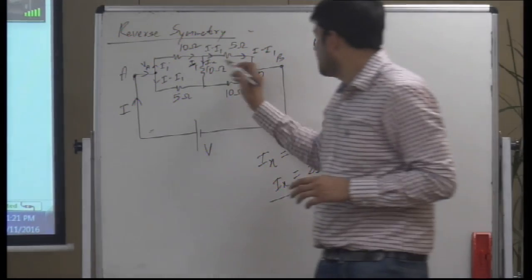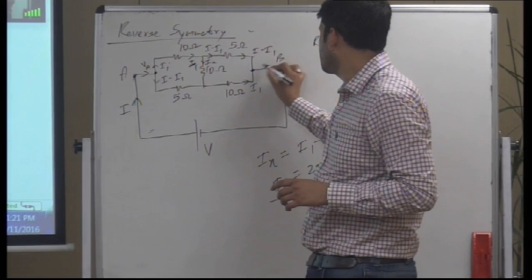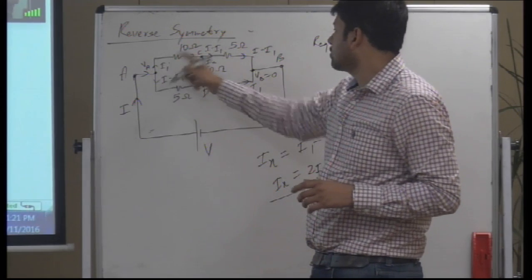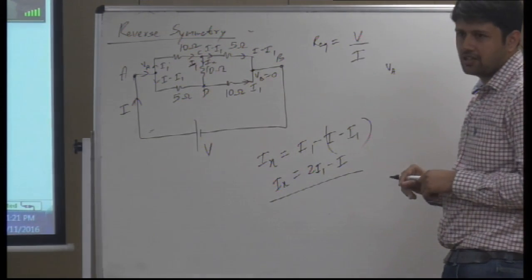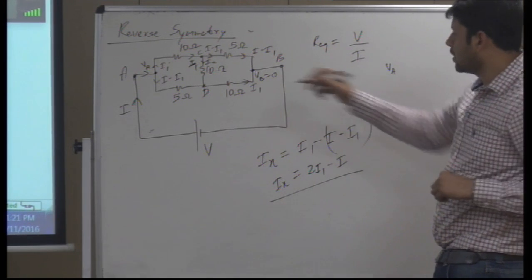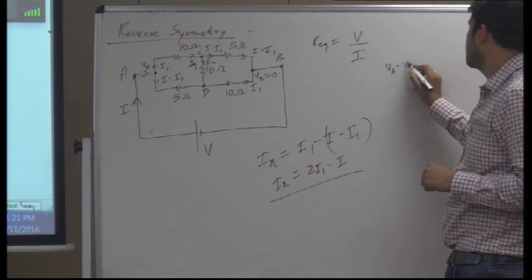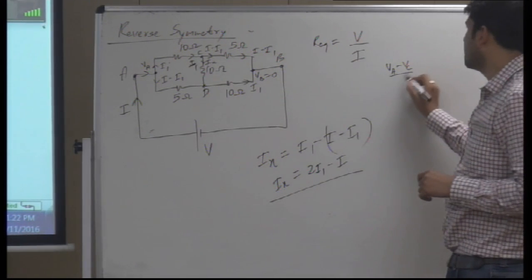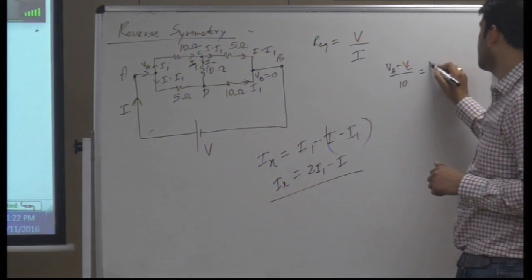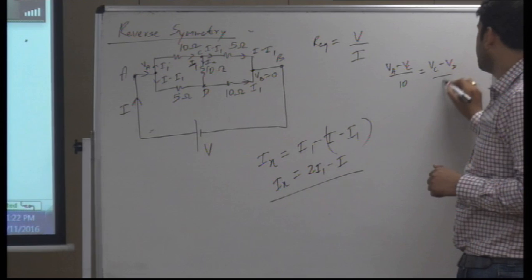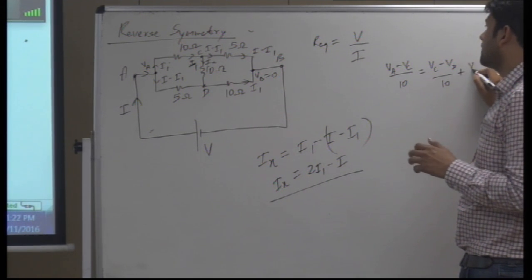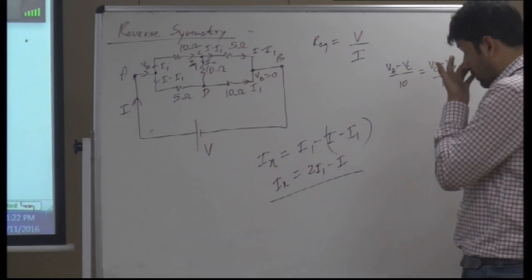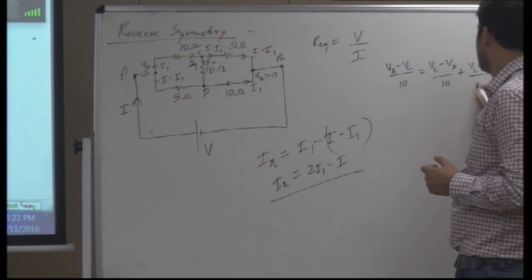If this point is B, so Vb is 0 already, let's call this C and this D. So the current at junction C: incoming current is Va minus Vc upon 10, which is equal to outgoing current, Vc minus Vd upon 10 plus Vc minus 0 upon 5, since Vb is 0.